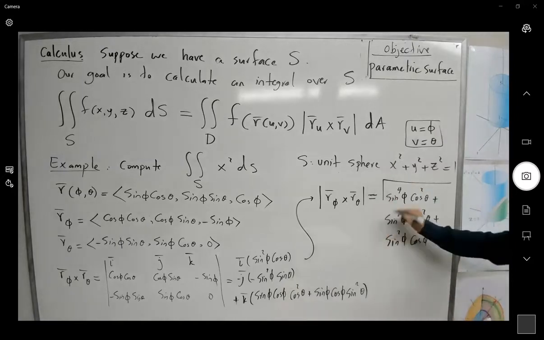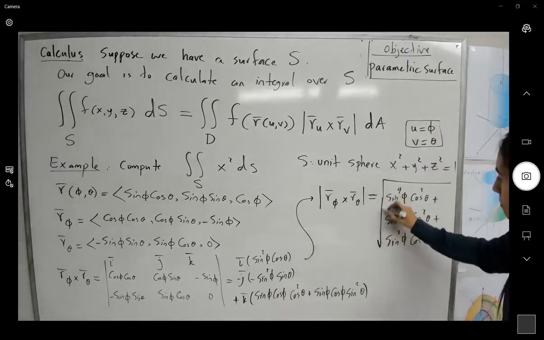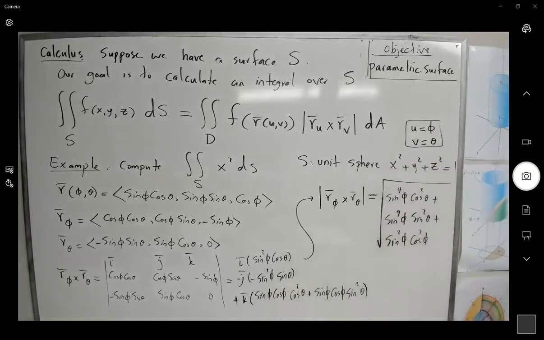This all inside the radical. Okay, what we can do, if you factor out sine to the 4th of phi, this becomes 1.